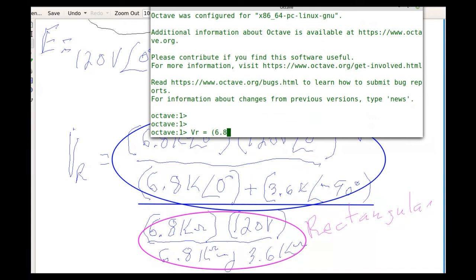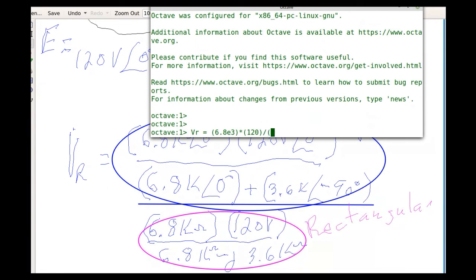Now, the other issue here, because these are all K's, I can do it one of two ways. I can do 6.8 e to the 3, times the 120 volts divided by parentheses.